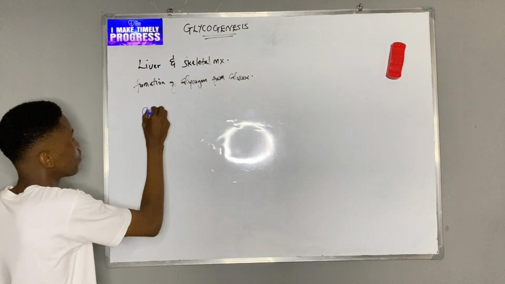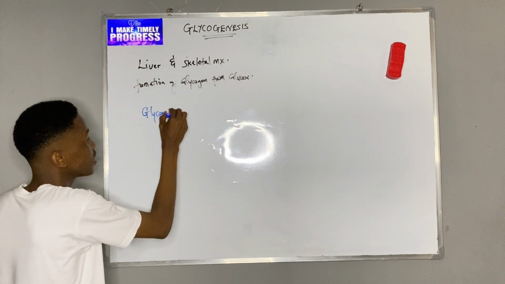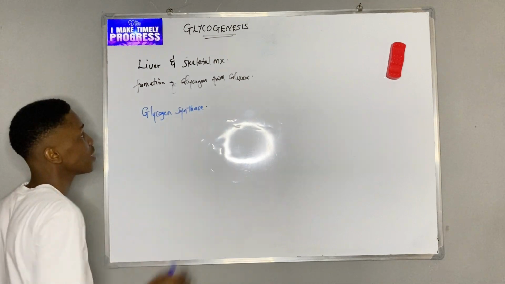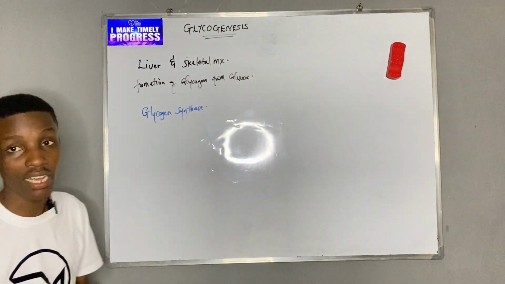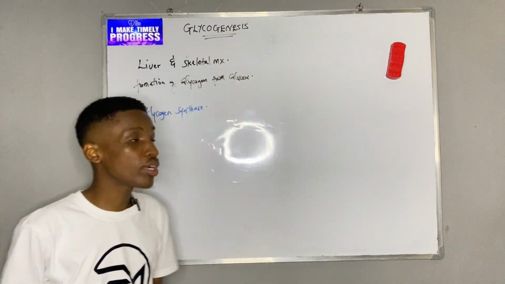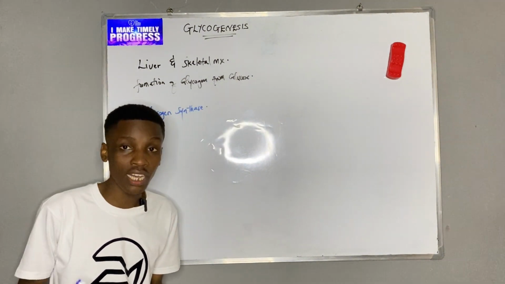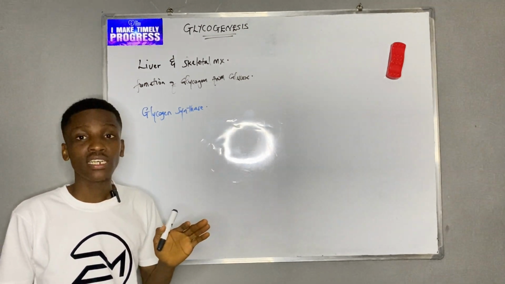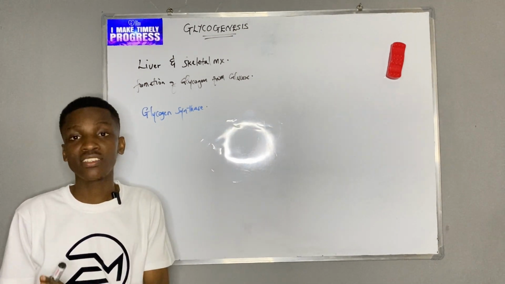So the key enzyme in this pathway is what? Glycogen synthase. Now, though we'll talk about regulation of this enzyme in a separate video, the key thing I would love you to know about this enzyme is that, number one, it is active in the dephosphorylated state.